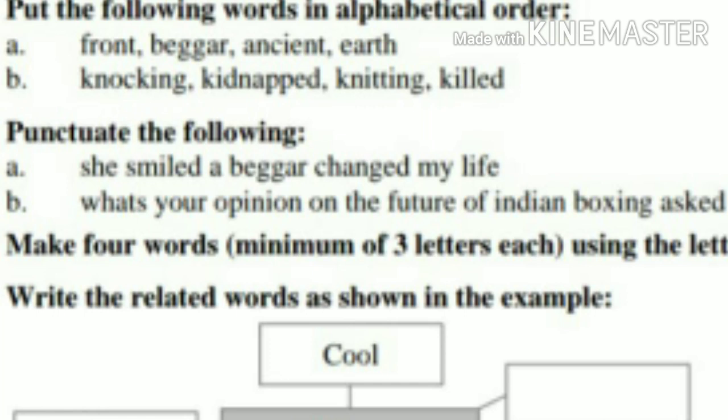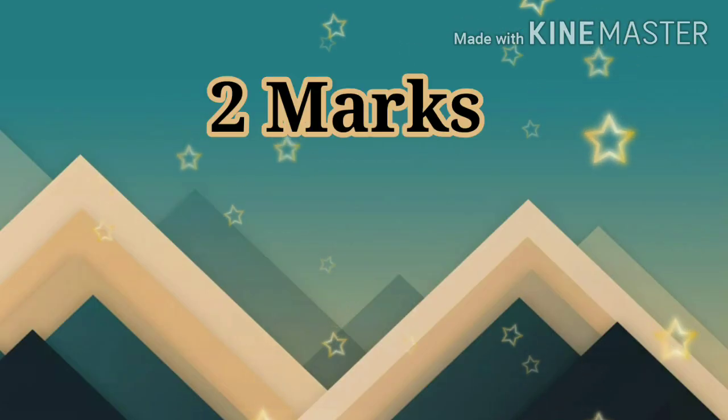What are the punctuation marks? Question mark, exclamation mark, full stop, hyphen, comma, etc. You know that well. So you have to put proper punctuation marks at the proper place, and along with that, write capital letters at the proper place. Is that clear? So this question also contains 2 marks.